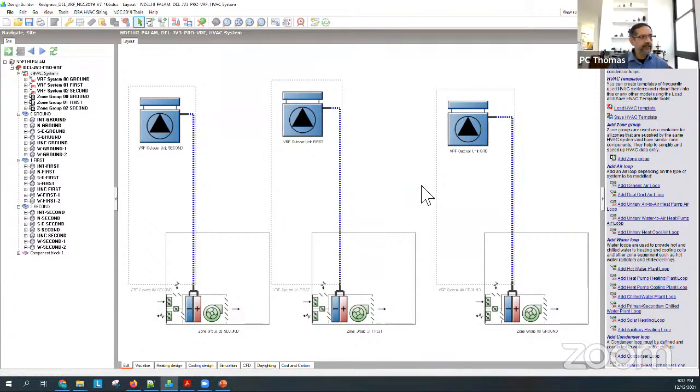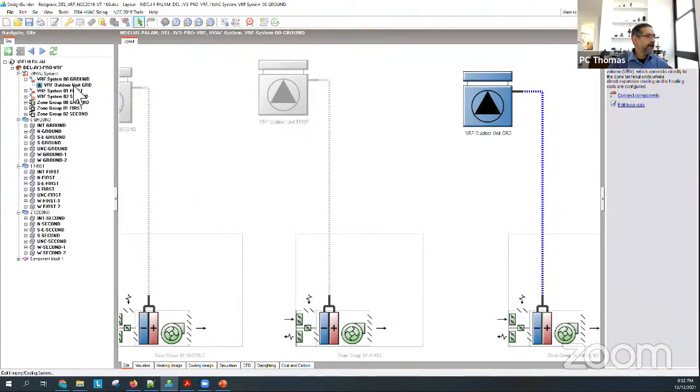And this is what I've done. I've put one outdoor VRF unit for the ground floor, one for the first floor, one for the second floor. If you look here, you can see these X's or crosses next to these things. This one is the outdoor unit.